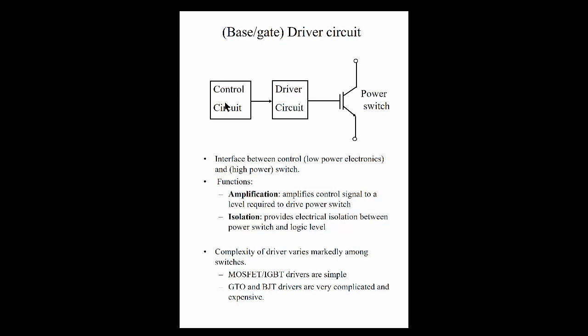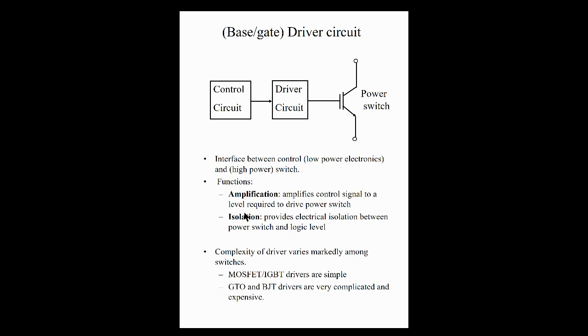So maybe you have some device in the field, and for whatever reason, the signal, if you were to connect it directly to your switch, may be too low to switch it on. So you need a drive circuit that will be able to amplify that signal so that it can be sufficient to operate your power switch.